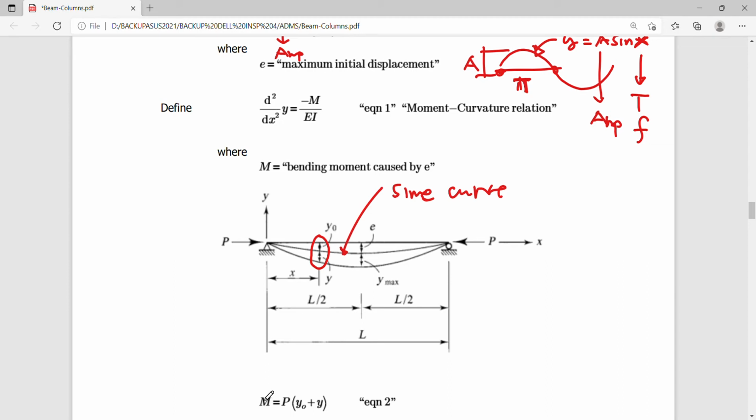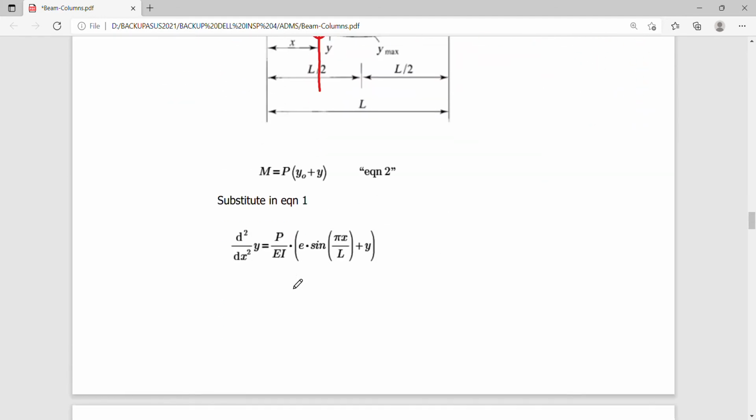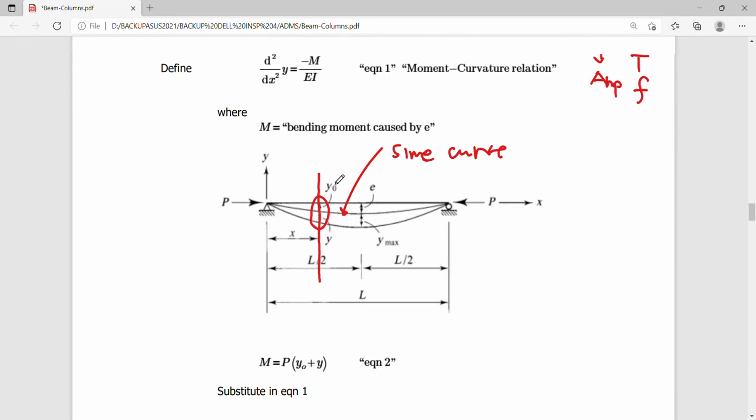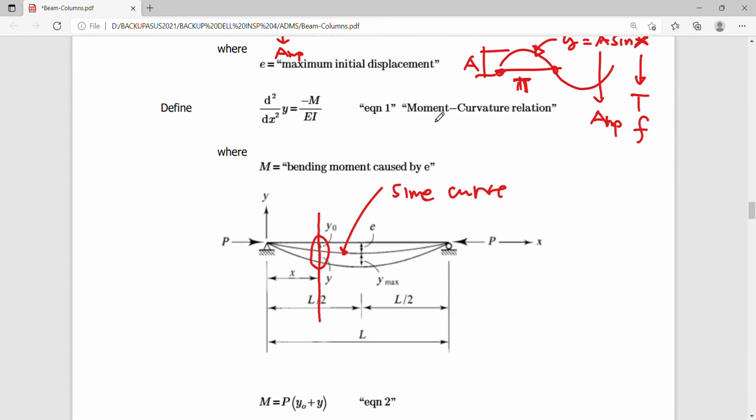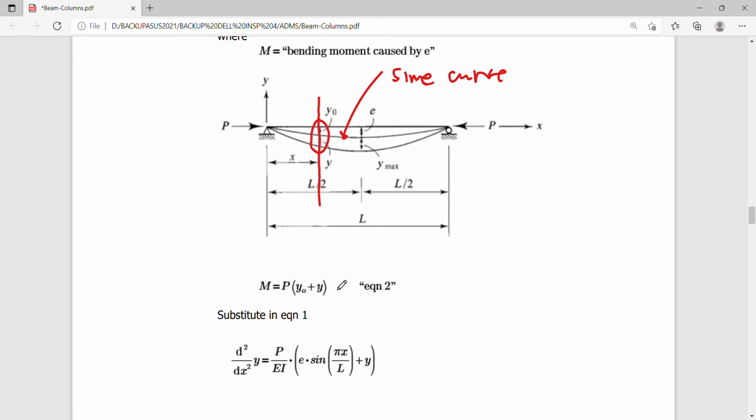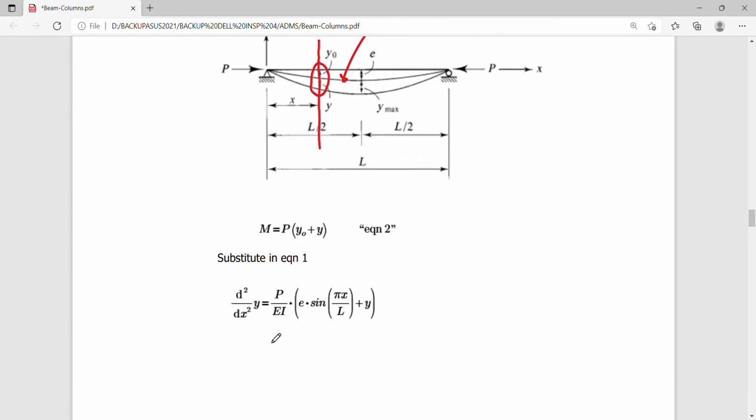So this moment here refers to a section at this point where the distance is equivalent to x. So substituting this in our Euler-Bernoulli equation, or the moment curvature equation, we have this one here, where Y0 is inserted in terms of this sine wave and Y is still your Y to be determined.